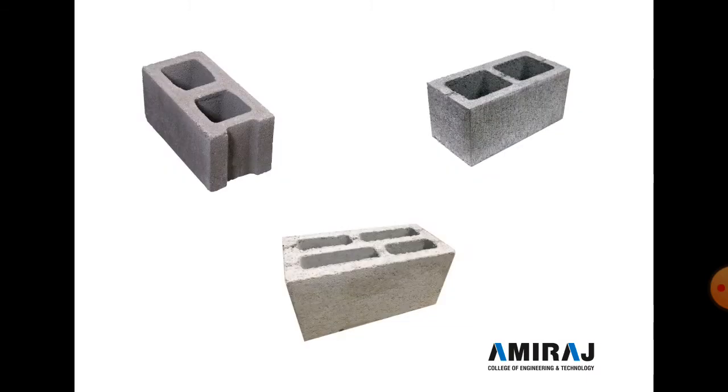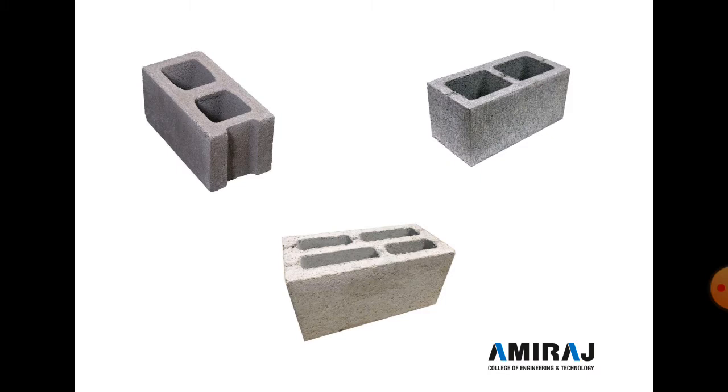See this figure. In this figure we can see different types of hollow concrete block. The material used is the same: cement, sand, quarry dust and water.